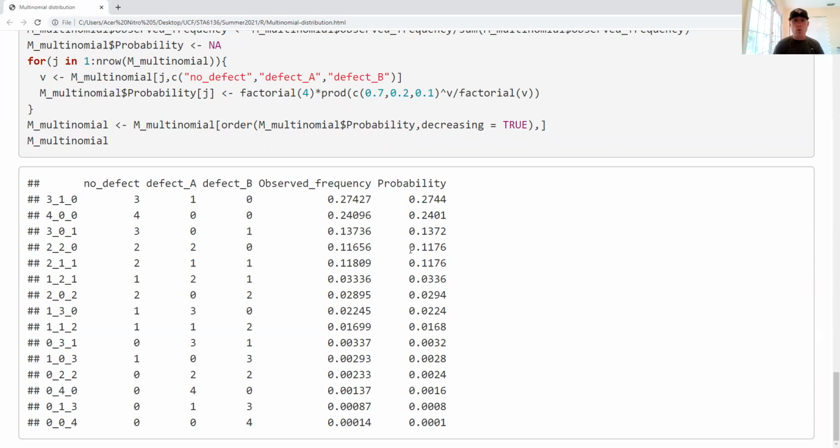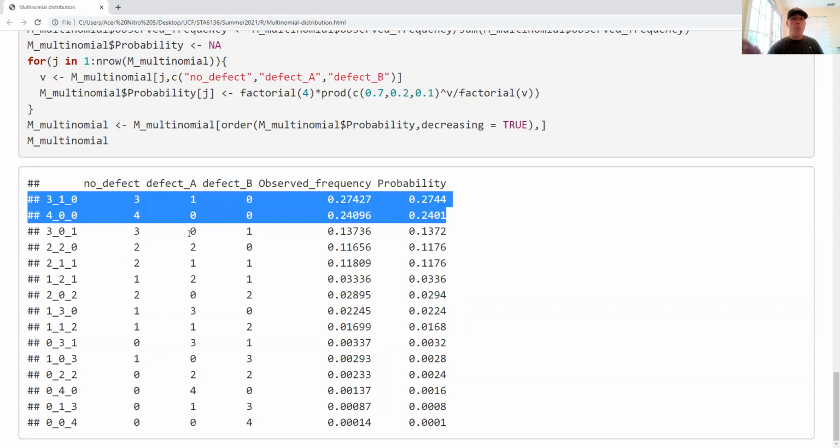And I also assumed that 4 defect Bs was going to be the least likely outcome. Now, I was right about 4 defect Bs, very low probability, but when I look up here, I can see that the probability of having 3 no defects and 1 defect A is in fact the most likely. I was surprised by this.